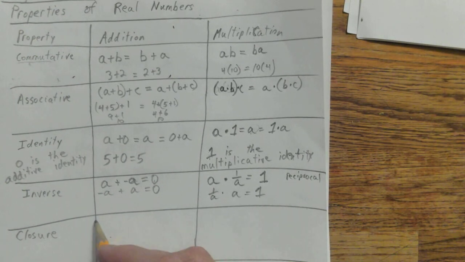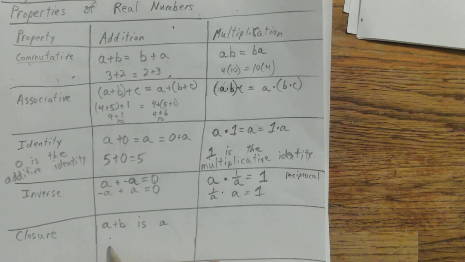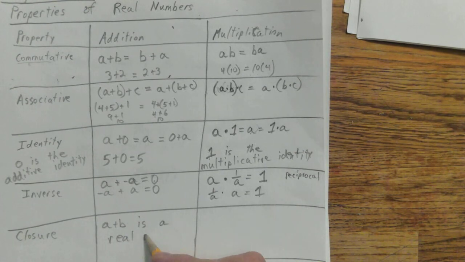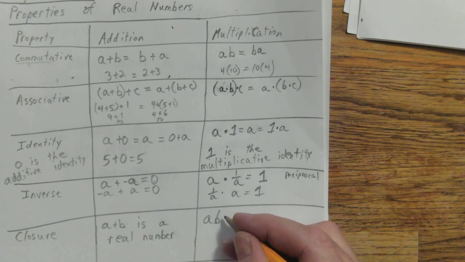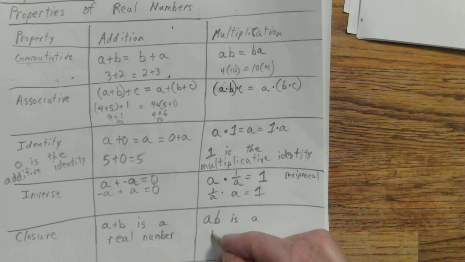Okay. The closure property: if a is a real number and b is a real number, if you add those two numbers together, then their sum is also a real number. A plus b is a real number. And if you multiply them together, a times b is a real number.